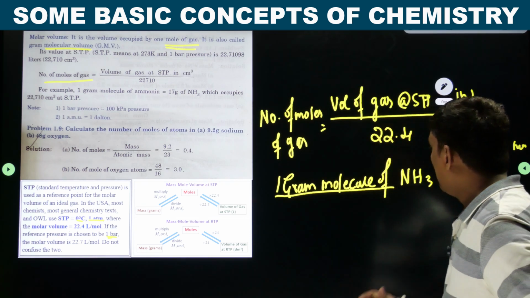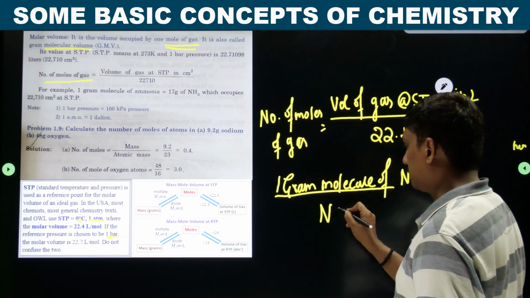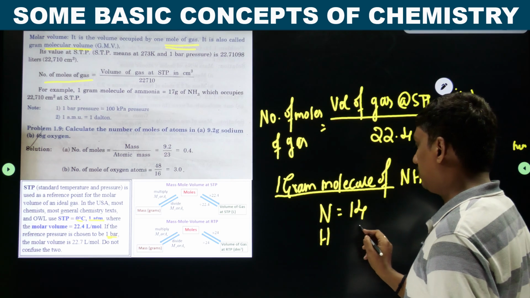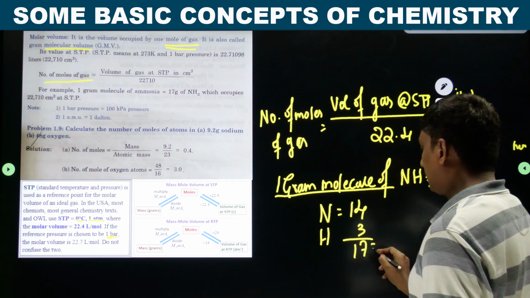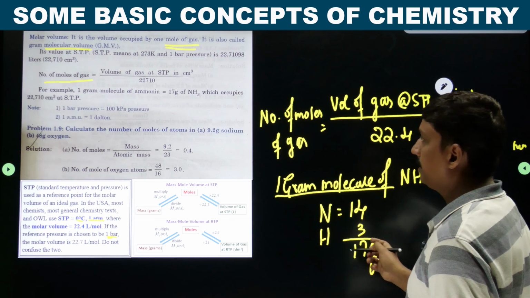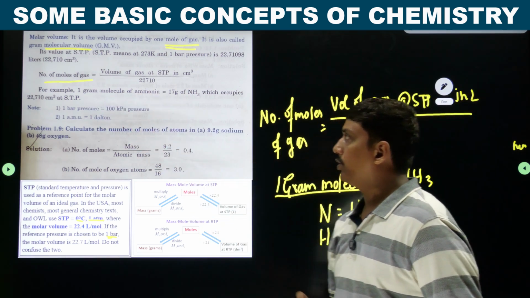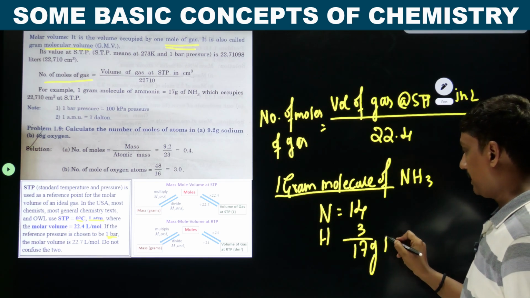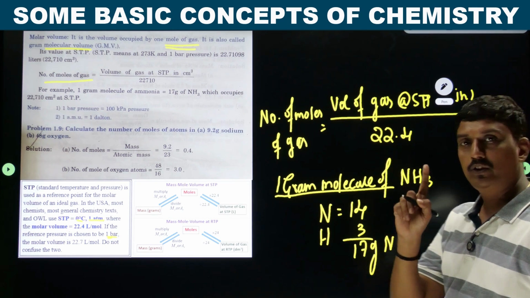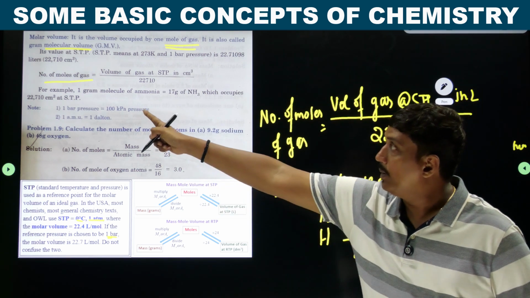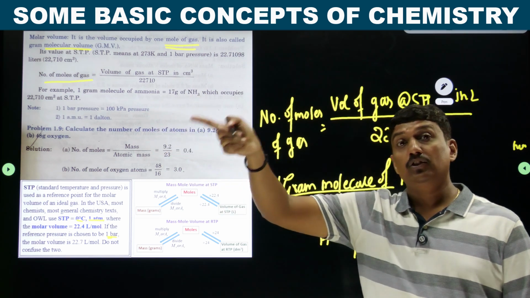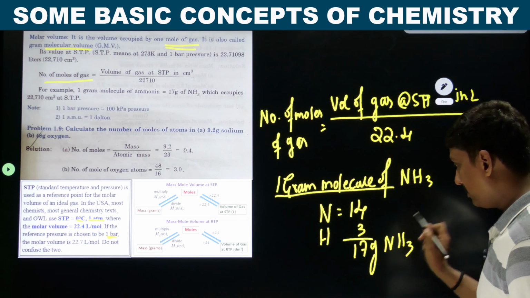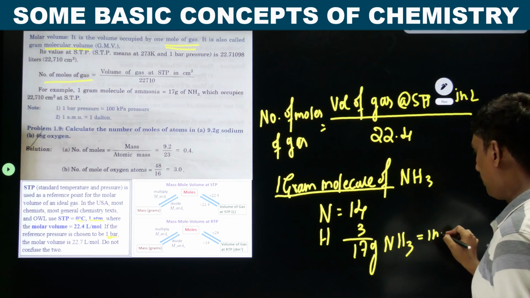What is the gram molecular mass? Nitrogen is equal to 14, 3 hydrogen is equal to 3, total 17. 17 grams is the gram molecular mass, which is equal to 1 gram molecule. So if you take 17 grams of ammonia, it is 1 mole.